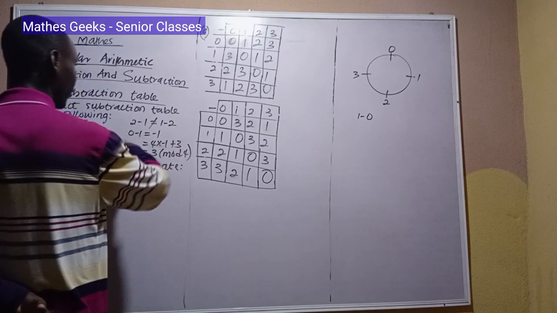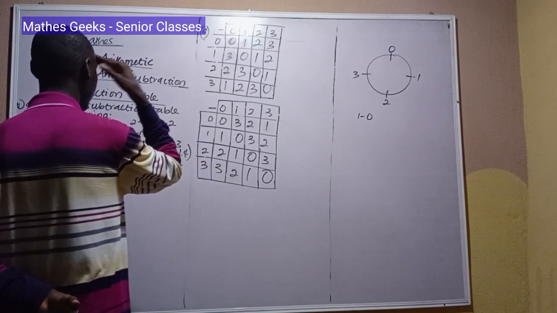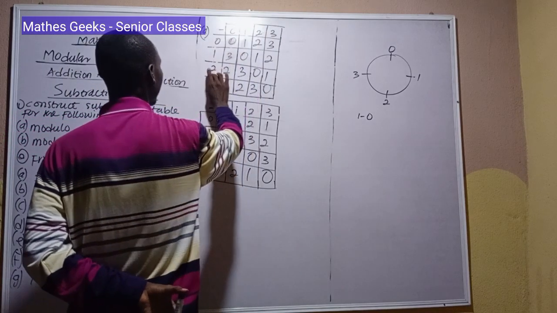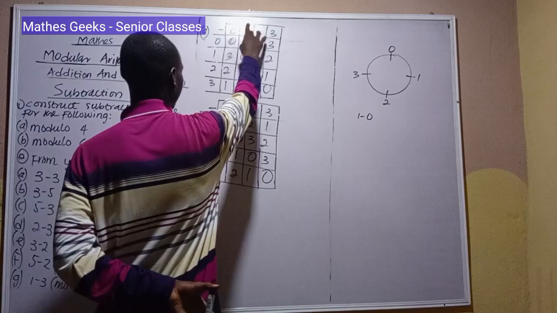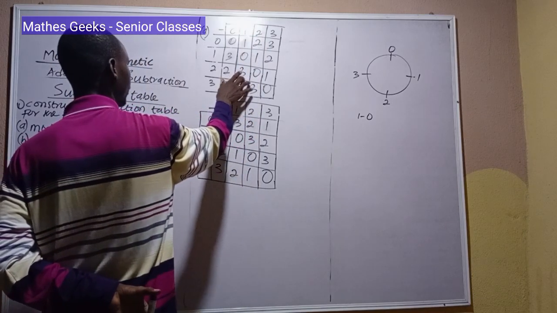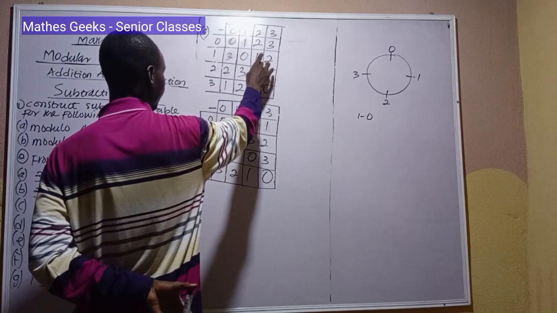minus 2. So from our table, 2 minus 1 means 2 comes first. So let's see where 2 comes first. 2 minus 1. Let's bring it down. That's 3. So if 2 minus 1 is 3, let's also see 2 minus 1. Come here, this is 1.